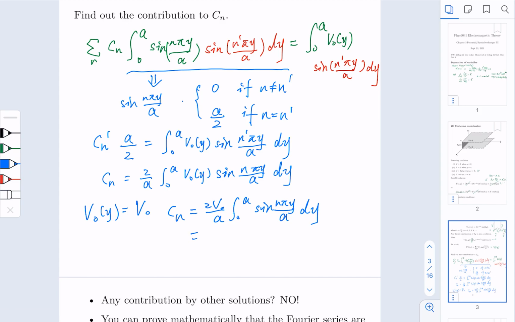The integral on the right simply gives, let me see.